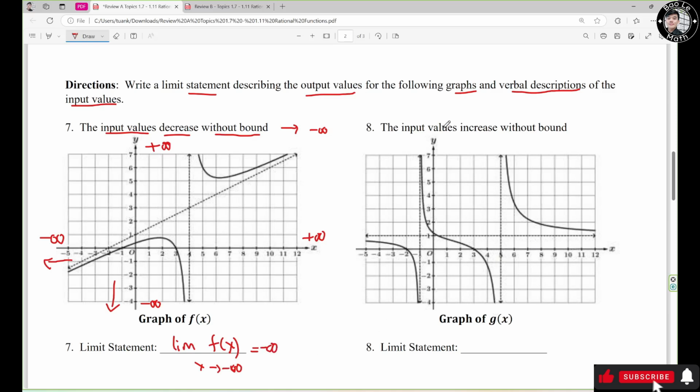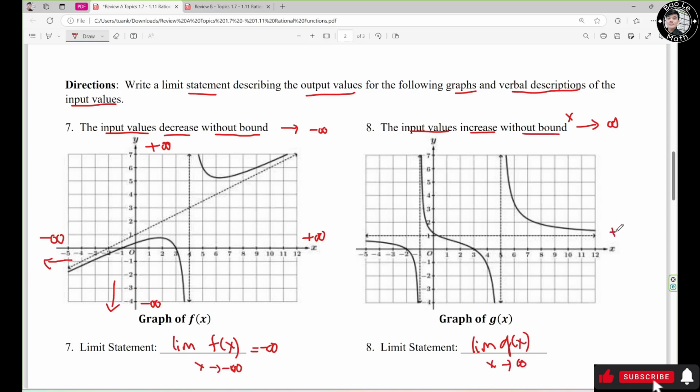Now, for number 8, the input values increase without bound, which means the s value goes to positive infinity, right? So you have the limit of the function g of s when s approaches positive infinity.